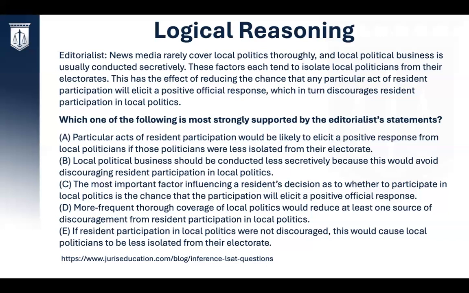And part of the reason that the political business is a secret is because it's not being covered on the local news. What E tries to do is to draw the conclusion that residents are being discouraged from participating in local politics. And that's not true, right? That's not what the editorialist is saying.